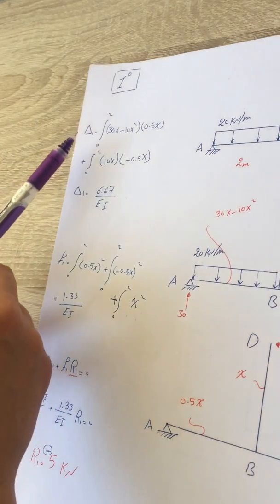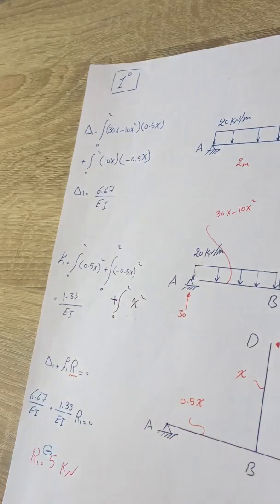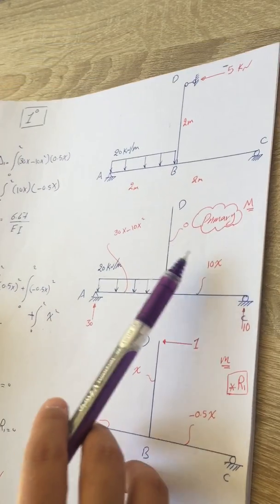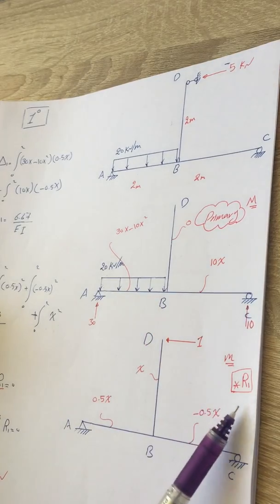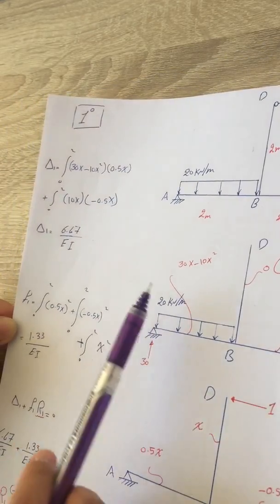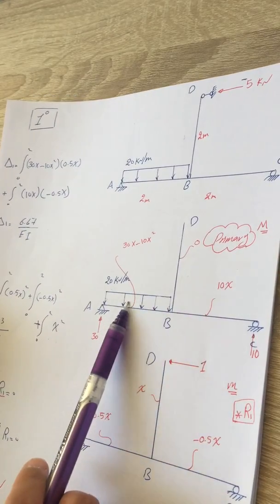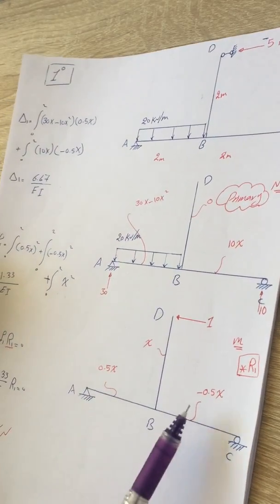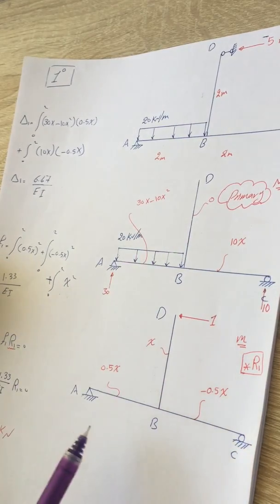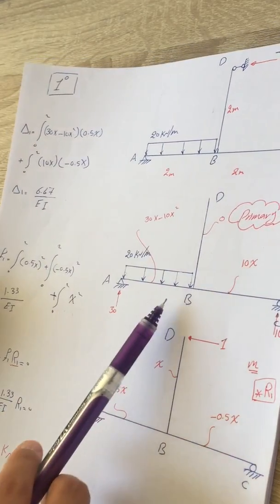So delta 1 equals the integration of M capital and m small. M capital is for the primary, and m small is for the structure that I made with the unit load. I have only two segments because this one is 0, and I'm not gonna take this one with it because it's gonna be neglected. And that's for delta 1.